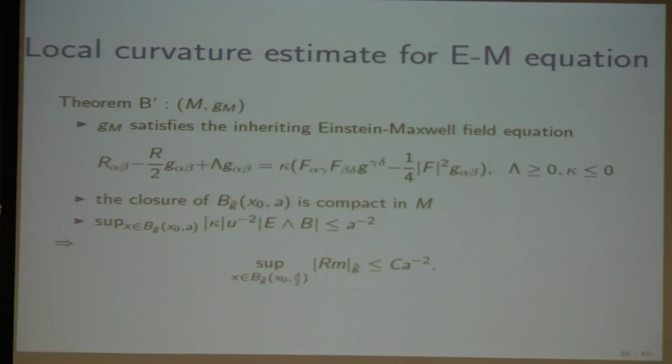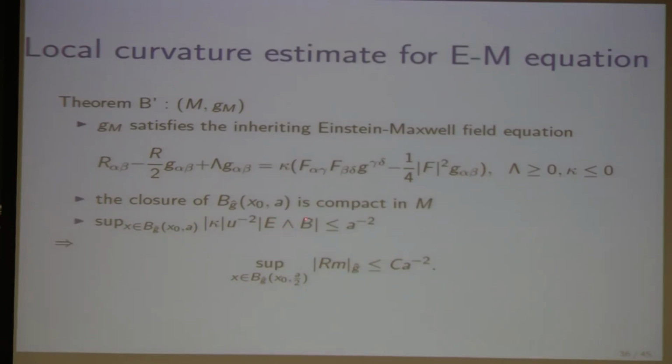Okay. So I can also have a local curvature estimate for the Einstein-Maxwell equation for the previous theorem. Here I do not need to assume the Poynting vector vanishes. I assume it is bounded in a scaling invariant way.